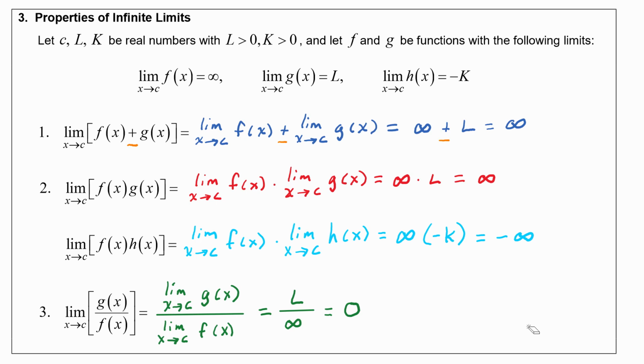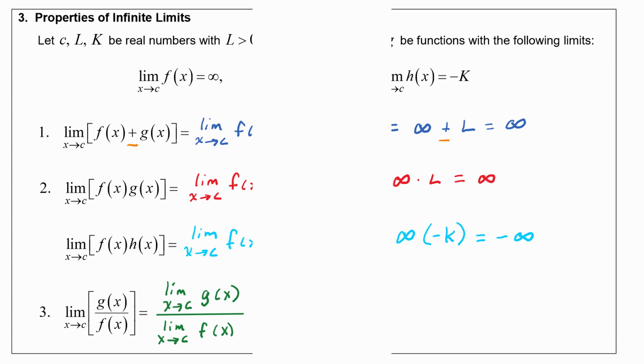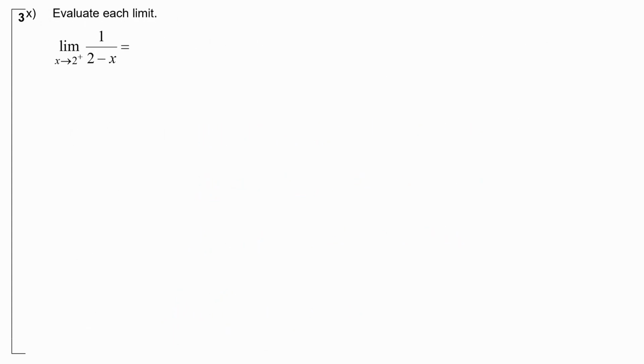And now we will use these properties of infinite limits and take a look at some examples. In this example, evaluate each limit. First up, we have the limit as x approaches 2 from the right of 1 over the quantity 2 minus x.